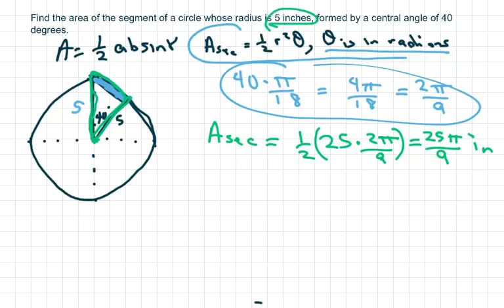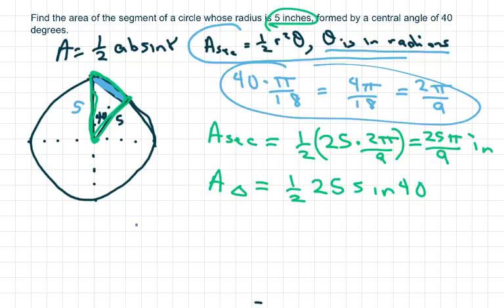All right, and then the area of the triangle is just going to be 1/2, and I can do 5 times 5 is 25 again, and that's going to be sine of 40. And then to find the area of the segment, which is the blue piece, we're going to subtract.